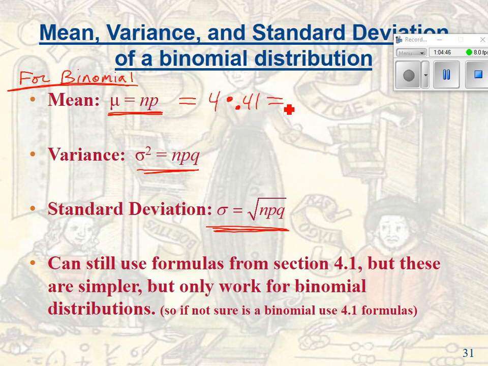All you do is multiply those two, and that gives you the mean. For the variance, it'd be 4 times 0.41 times q, which is 0.59. And then to find the standard deviation, what do you do to the variance? Take the square root of it. Now it'll give you the standard deviation.